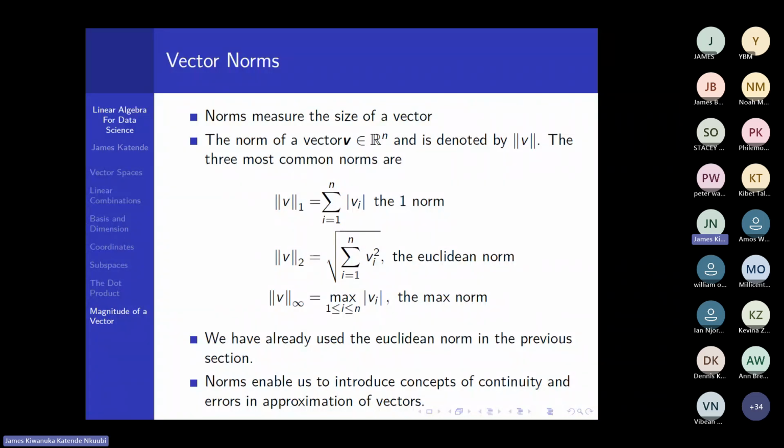It's one way of measuring the size of a vector, but there are many others. We have listed two others, the L1 norm and the max norm, but we'll focus mostly on the Euclidean norm. This was just added there for good measure, so that when we encounter them later, they will not be strange.